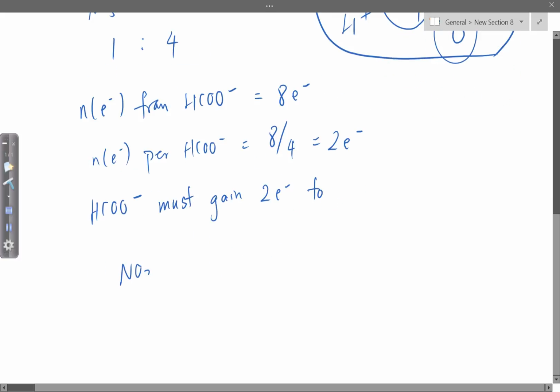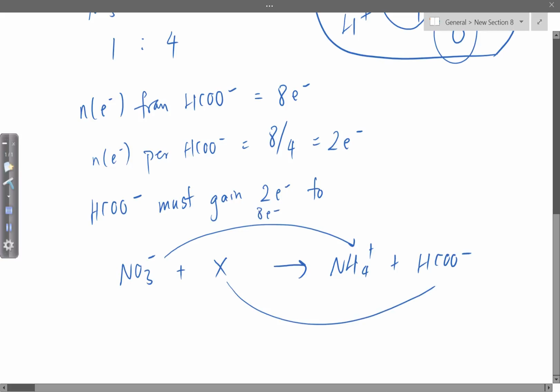I write like that, NO3 minus plus something, something, then you get NH4 plus and HCOO minus, correct? These to these, you need how many electrons? 8. 8 electrons, correct? So this to this must be 8 as well, right?